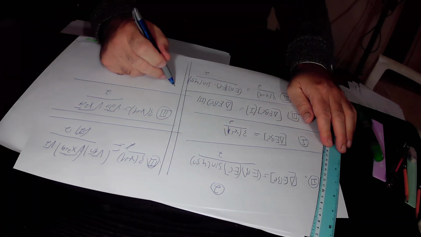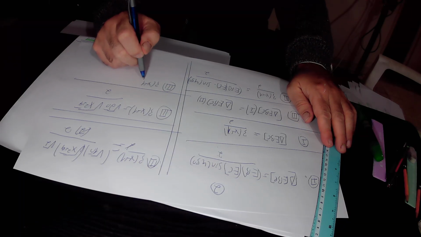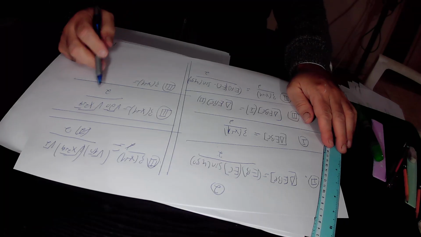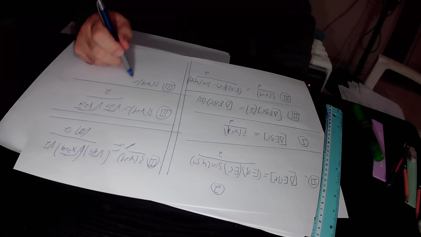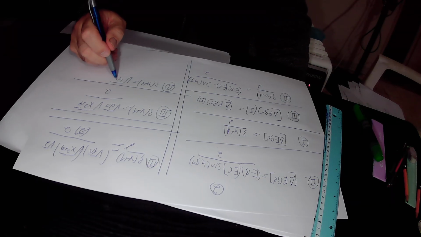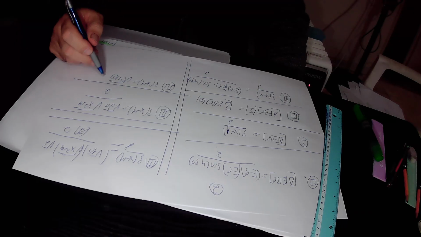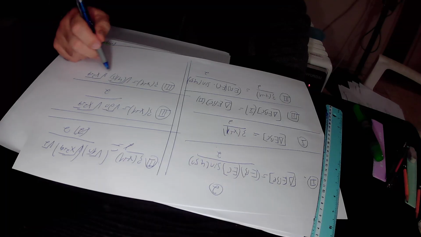So according to equation 3, we substitute 20 inside the root by 4 times 5, times the square root of x squared plus 9 over 2.